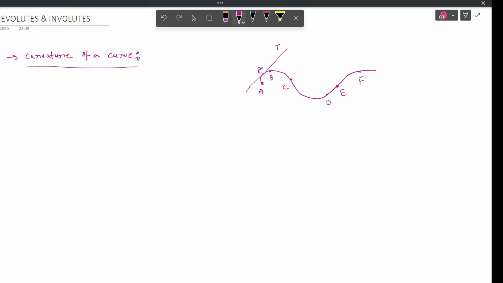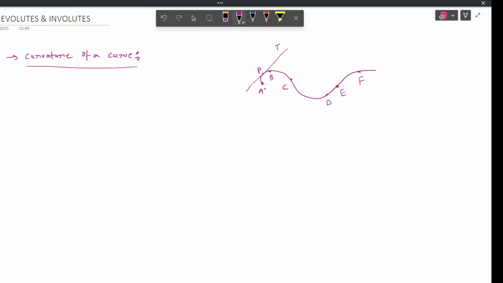Now see from this graph, here P is a variable point on the curve. So PT is a variable tangent. If this point P comes here, then the tangent would be something like this. If this point P comes here, then the tangent will be something like this.